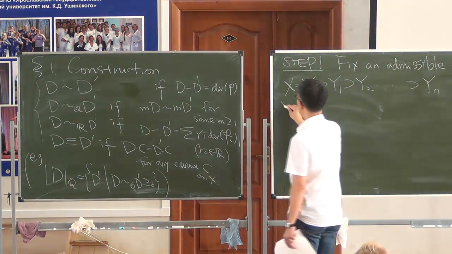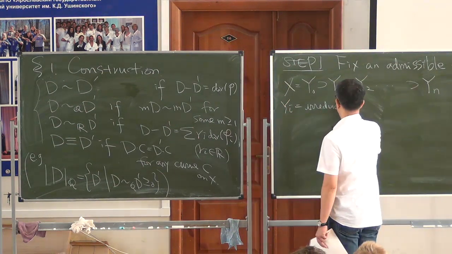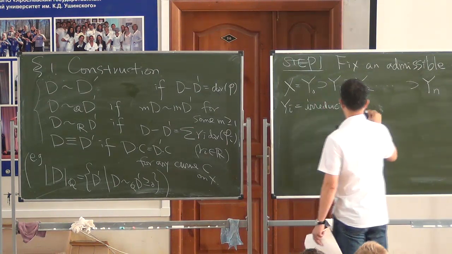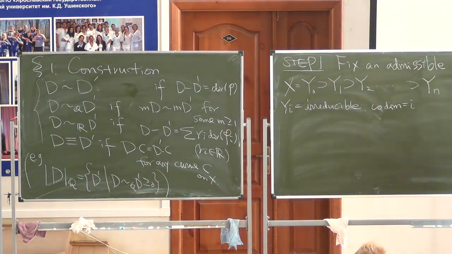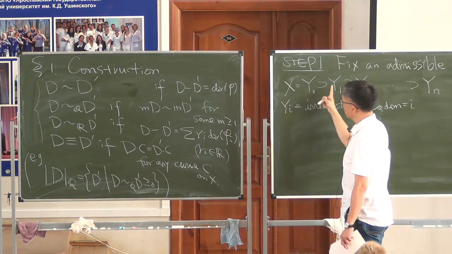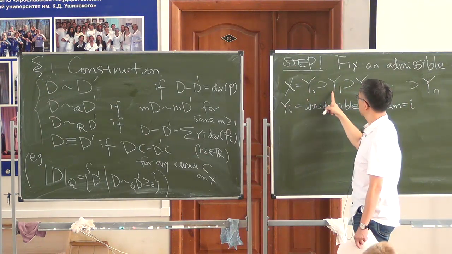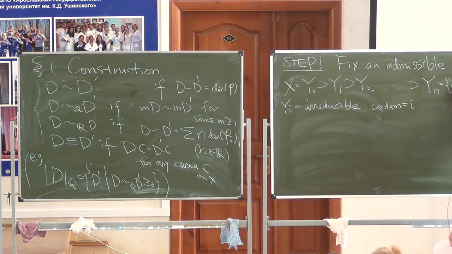So the Yi are irreducible, and the codimension is i in X. So the dimension decreases by 1. This is codimension 1, codimension 2, and the last one is just a point. Okay?